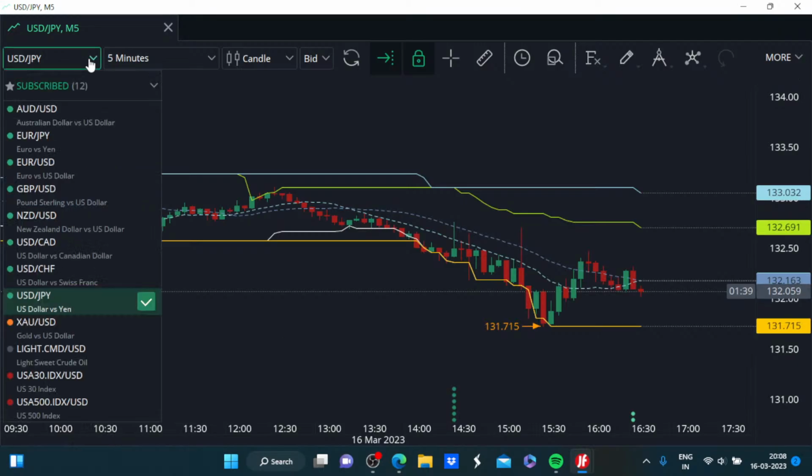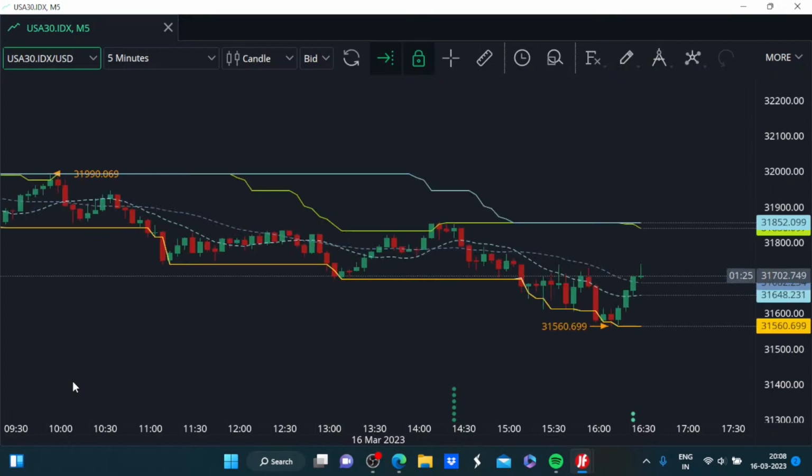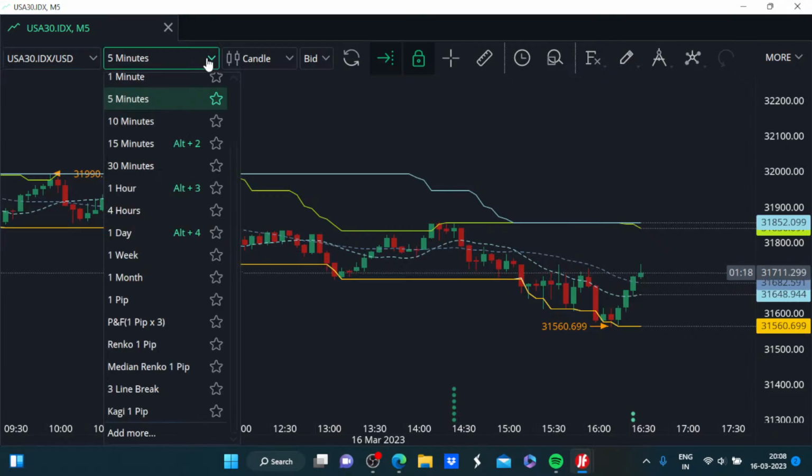Let's consider the equity segment before we wrap up the session. For US 30, yesterday's session was totally bearish. Let's consider how things are looking in today's trading session. And evidently, it is not looking much different in comparison to yesterday's trading session.